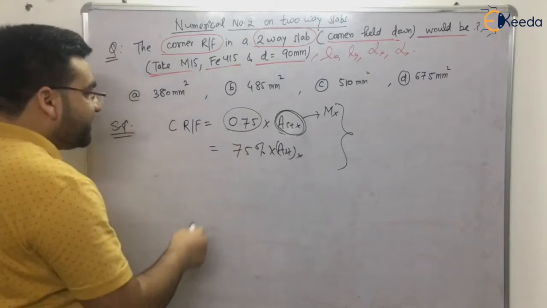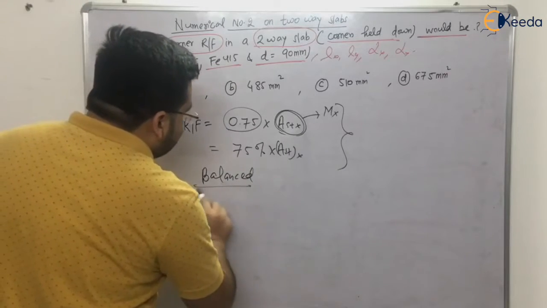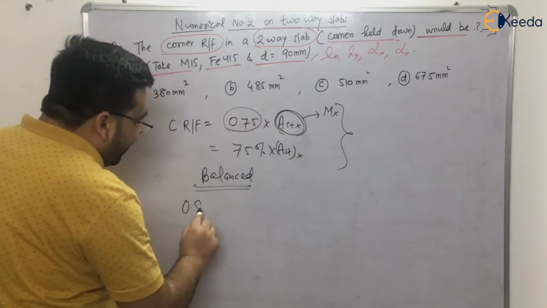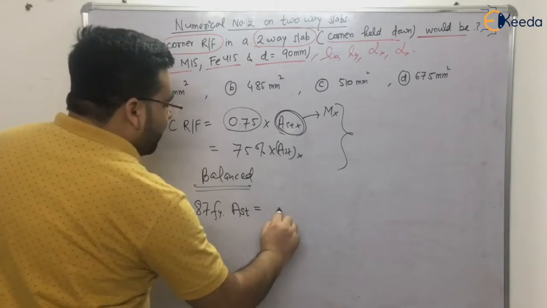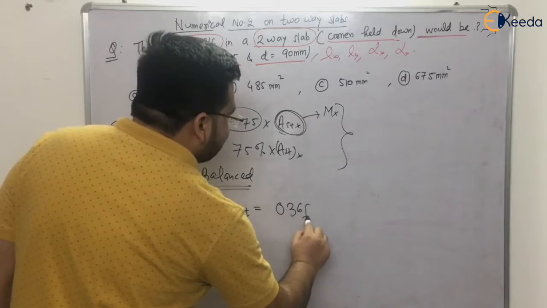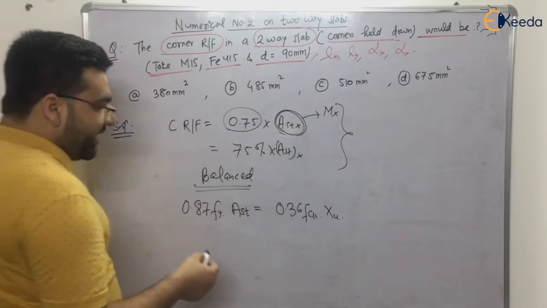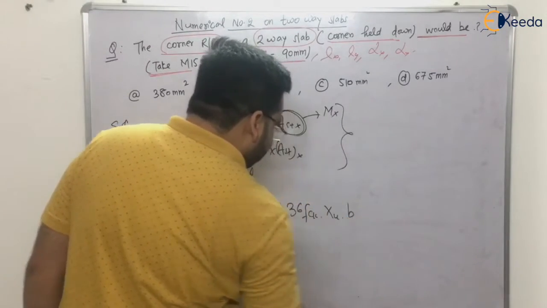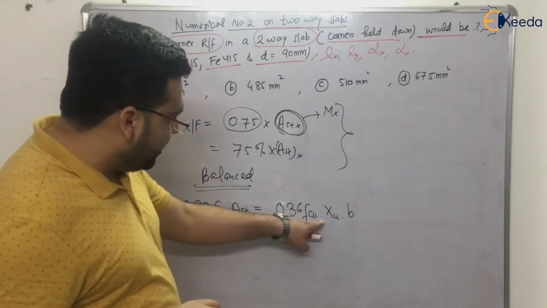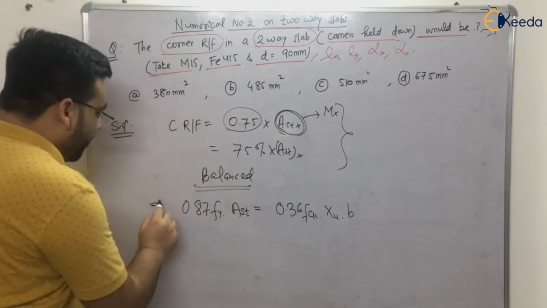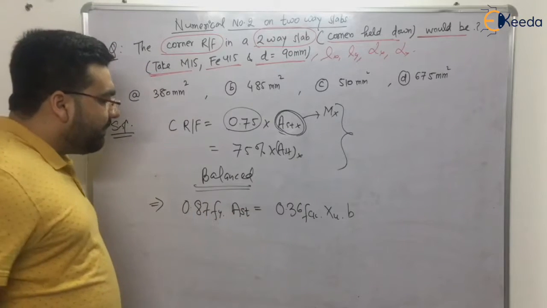So in a singly reinforced section, if it is a balanced section, I can say that 0.87 Fy into AST is equal to 0.36 FCK into XU into B. This is C equals T, and this is in Newton per meter. Even if I forget the formula, I just compare the units and get the answer, so you don't need to remember the formula.